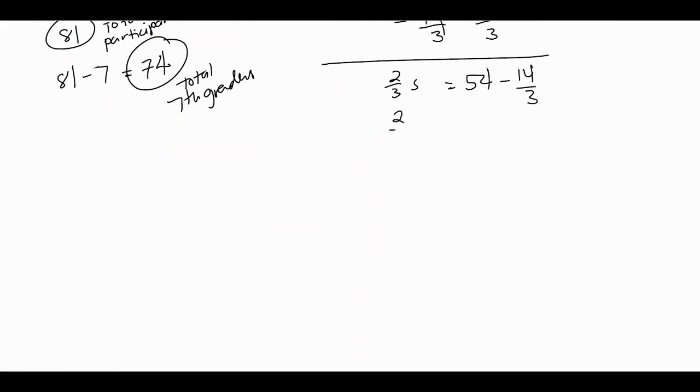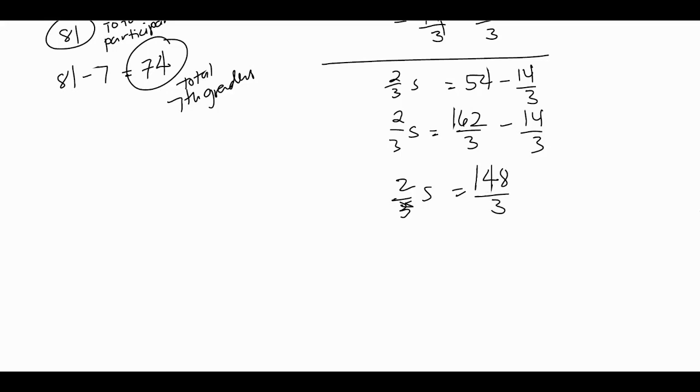Let us change 54 into a fraction by multiplying it by 3. So we have 162 over 3 minus 14 over 3. So 2/3 S is equal to 162 minus 14, which is 148 over 3.